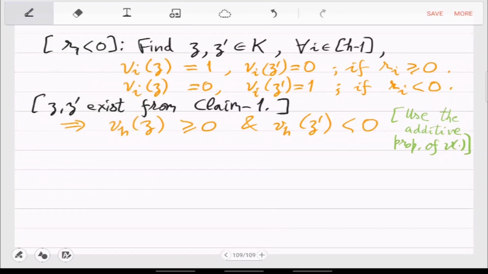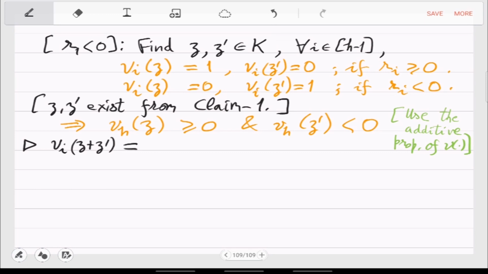Now what is the contradiction? Where will that come from? So for the contradiction, you have to look at Z plus Z prime. That's where the contradiction will come from. So Vi of Z plus Z prime is what? See, Z is non-negative, Z prime is negative valuations, and the valuation of the sum will be then the least.